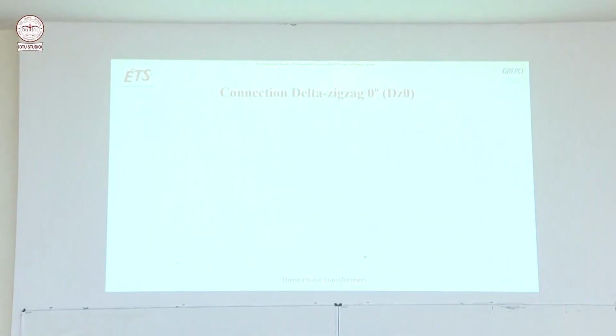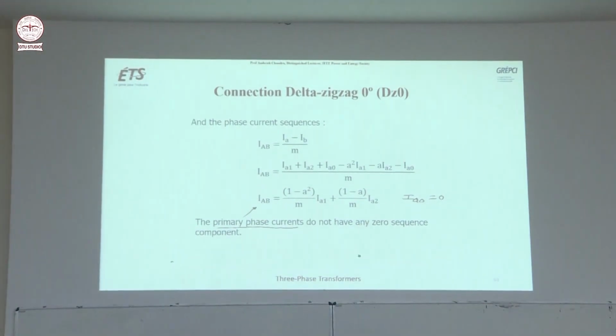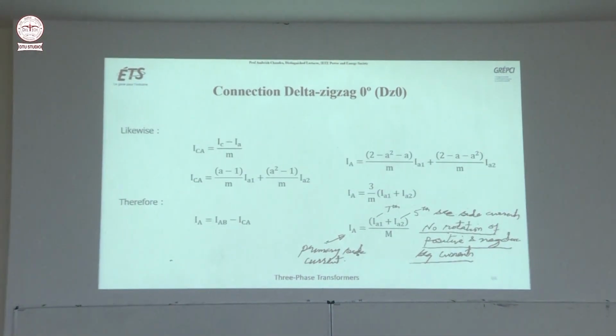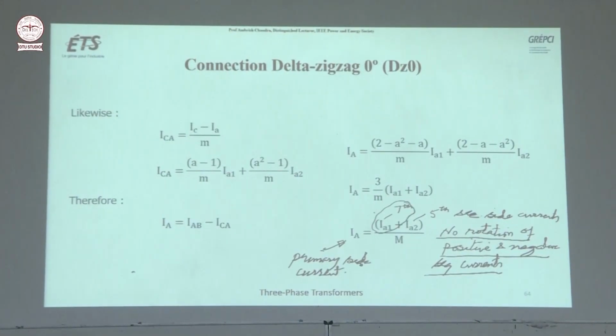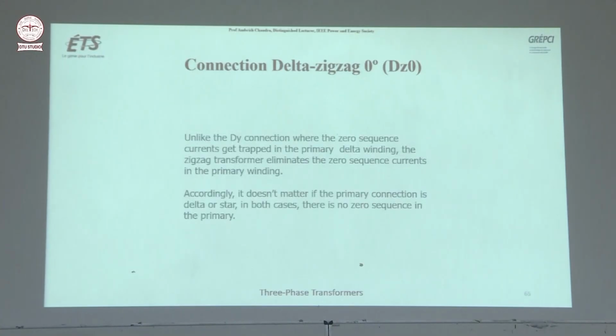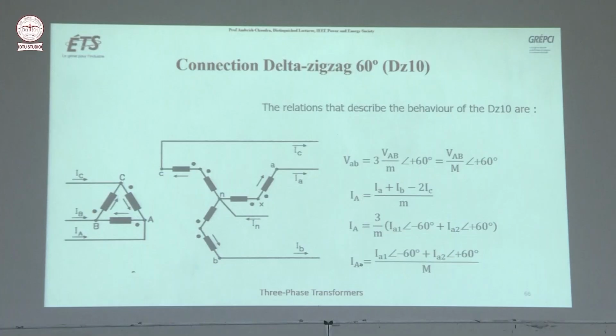So I will not go into much detail of this, although I have put it in the notes. So you see, 7th harmonic, and this is the 5th harmonic. No rotation of positive or negative sequence harmonics. This is DZ10.